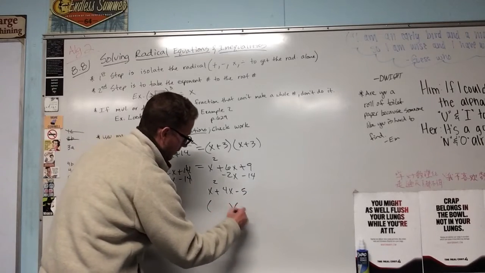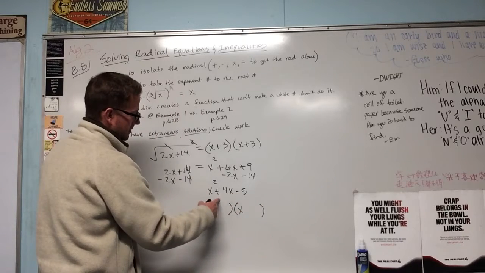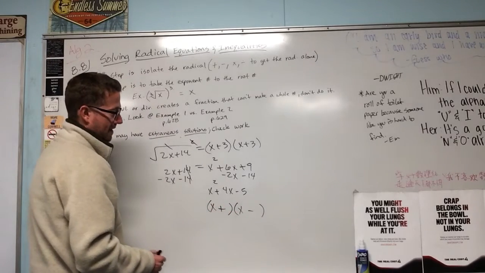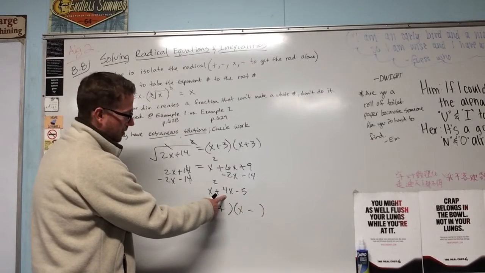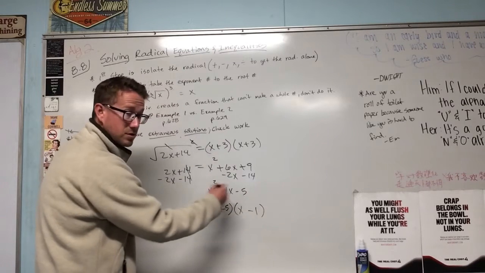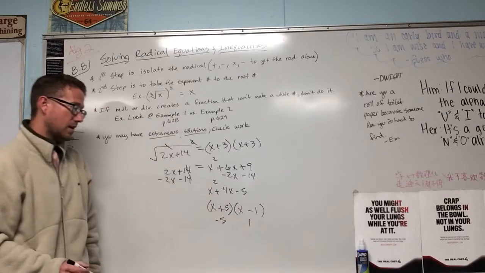So we have a trinomial that can be broken down into x and x. You'll notice these signs are the opposite. So in here, we're going to go opposite. Now we got to create a positive 4, so that's going to be a 5 and a 1. When you solve each of these, you get down to a negative 5 and a positive 1.